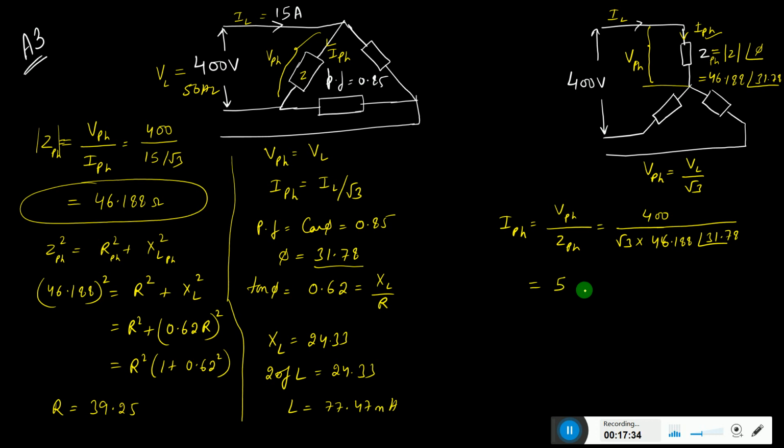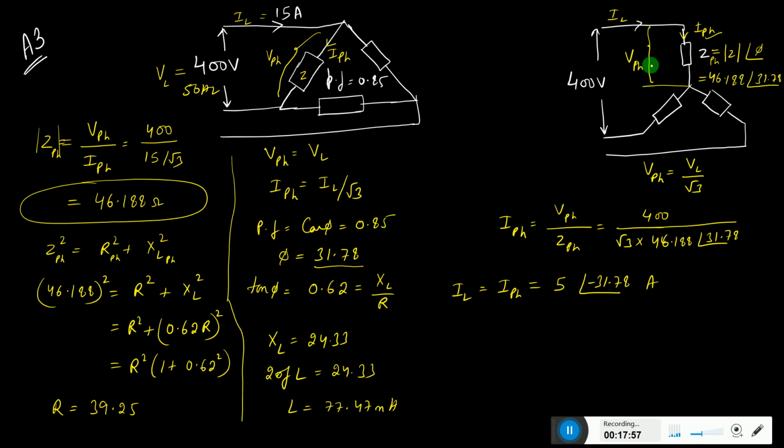This gives the value with the angle going up, so it will be minus 31.78 amperes. And we know that the phase current is the same as the line current, so that gives me the line current as well as the phase current.